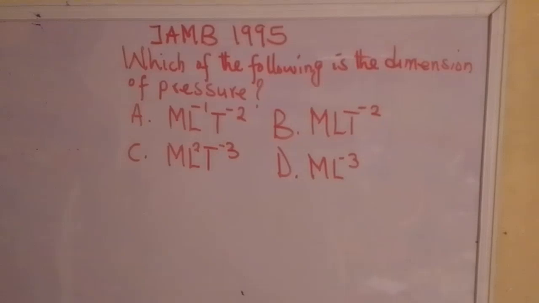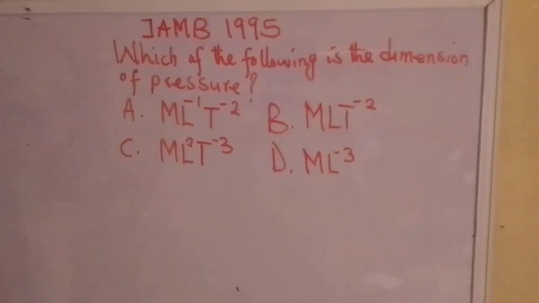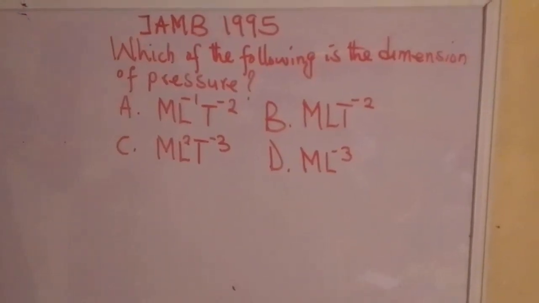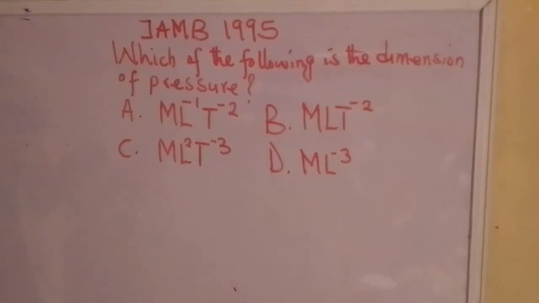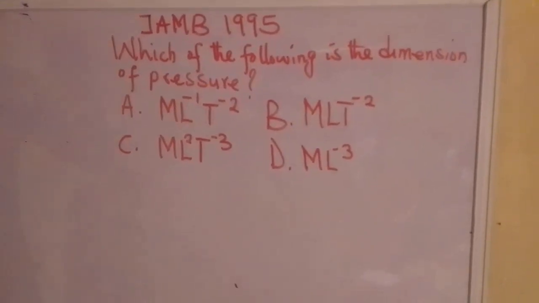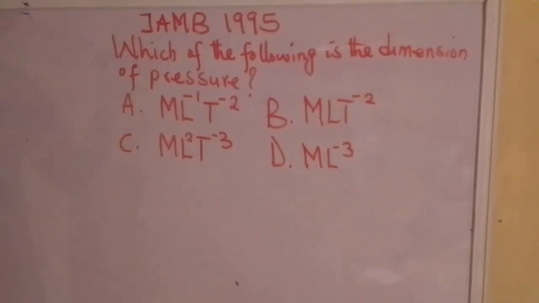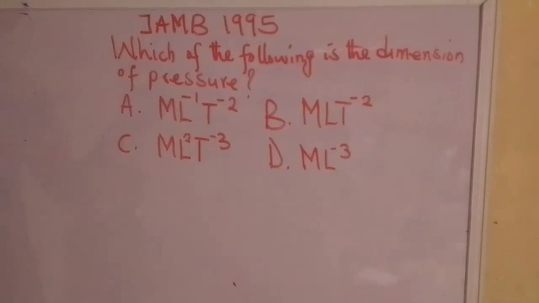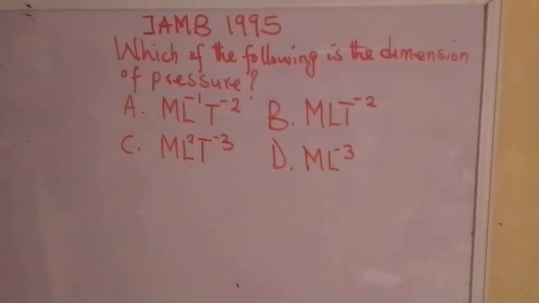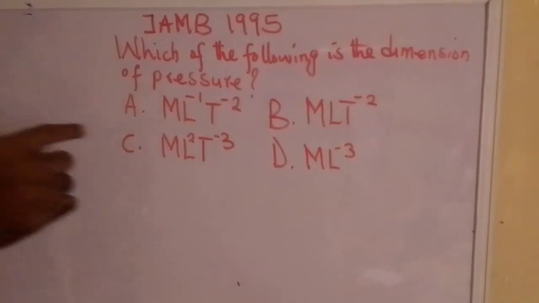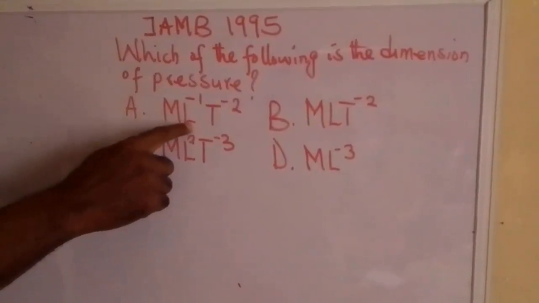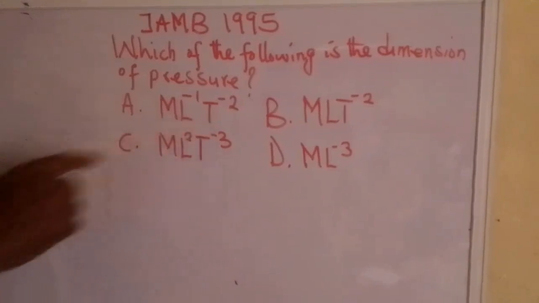You know why? Dimension is expressing derived quantities in terms of the fundamental quantities. You know there are 7 fundamental quantities. The first basic 3 are mass, length, and time.